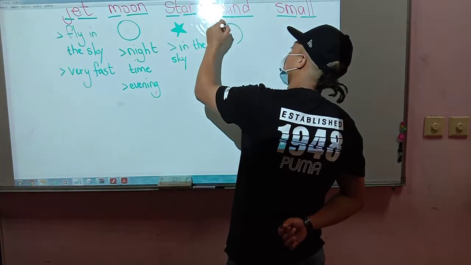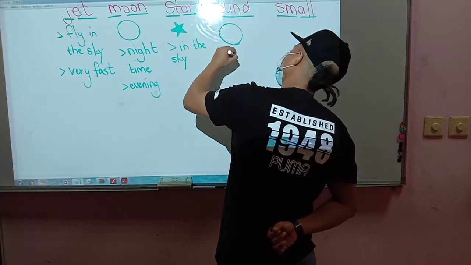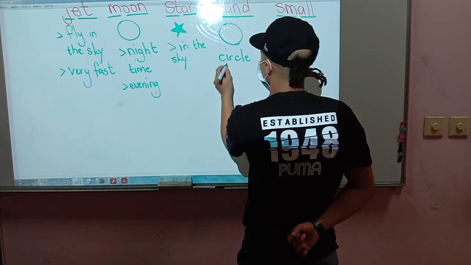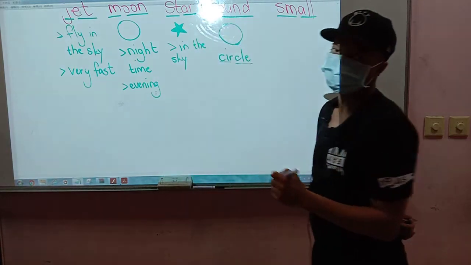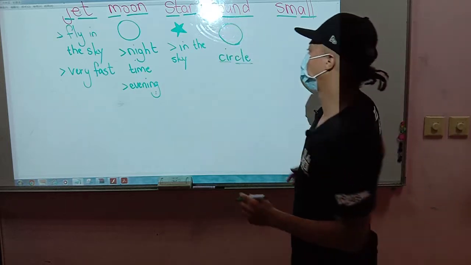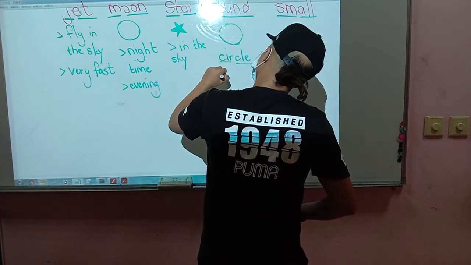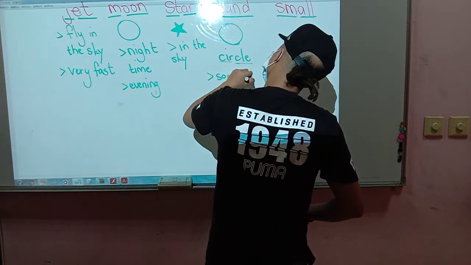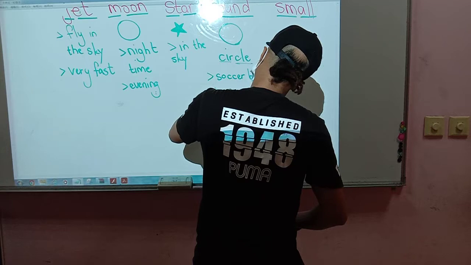Round, this means something that looks like a circle, right? We know that word, circle. So can you think of anything that is round? I can think of a soccer ball. I can think of a baseball.